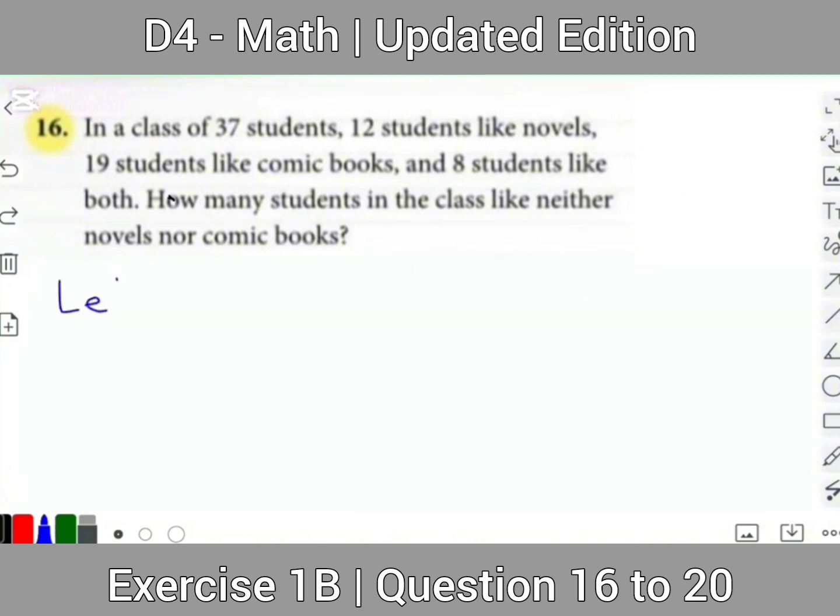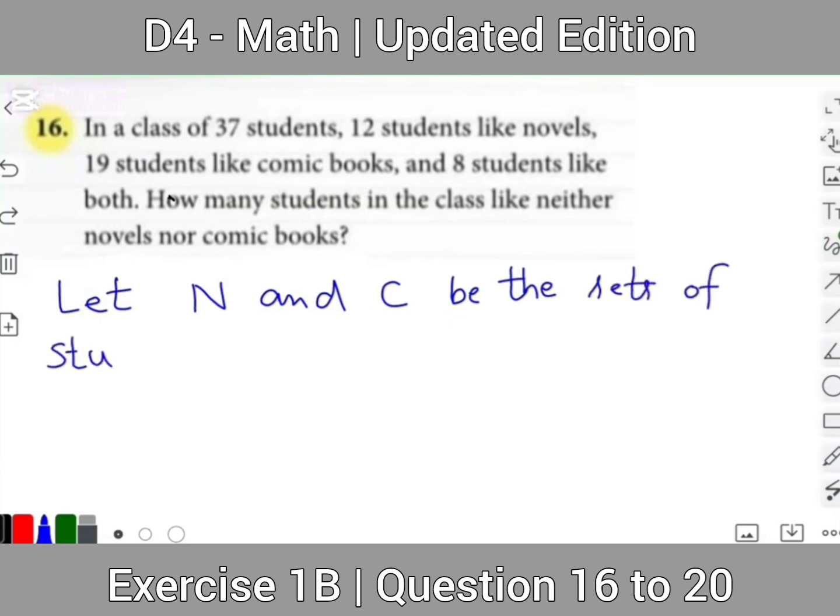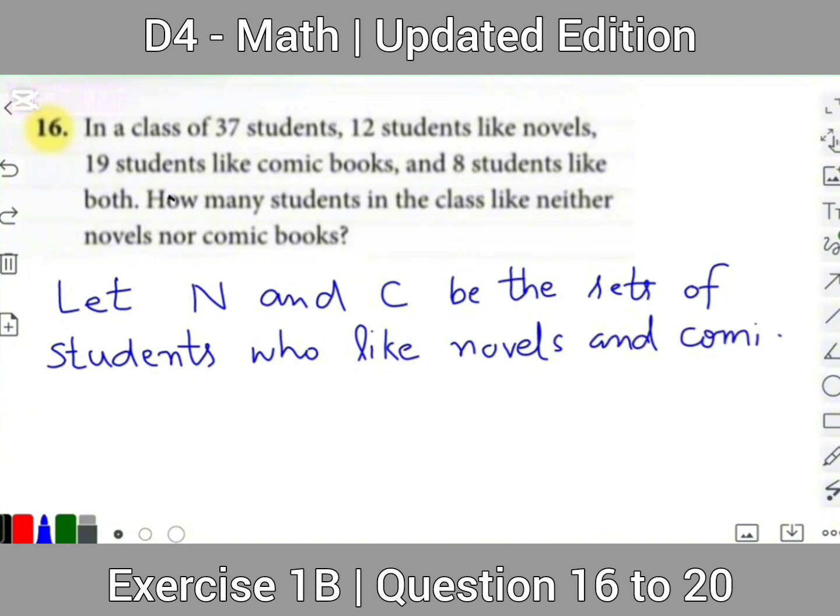Now let N and C be the sets of students who like novels and comic books, respectively.